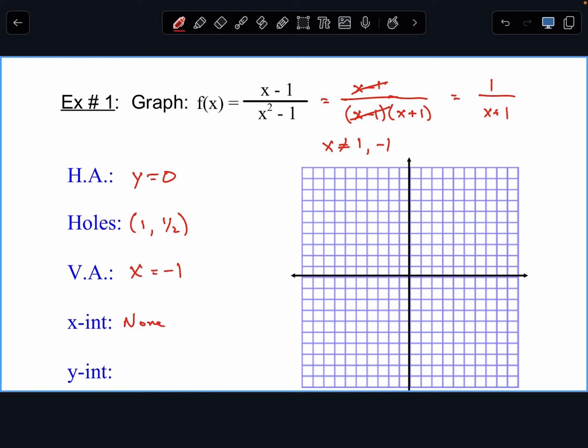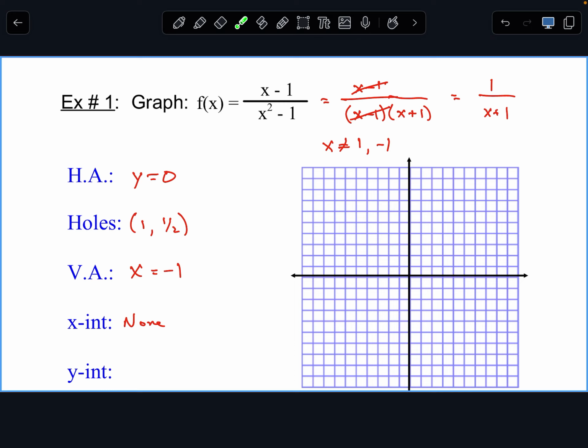Another reason for that, at least to this point, is you have a horizontal asymptote at y equals 0, which means there's no x values. The only time that would not be true is if you had a cross point, which we'll talk about tomorrow. The y-intercept is when x equals 0.